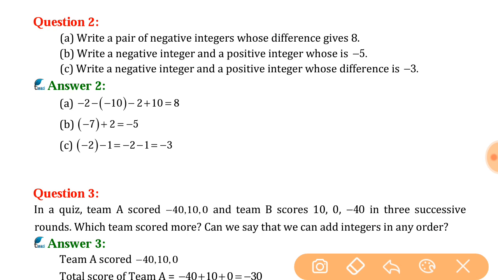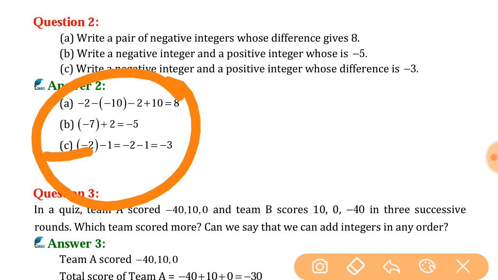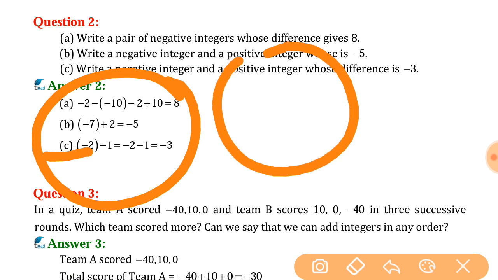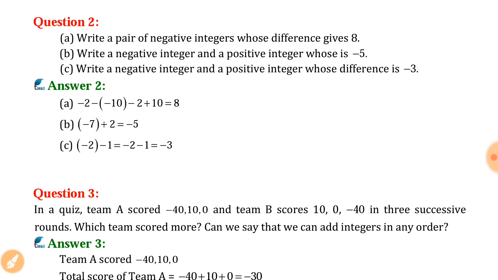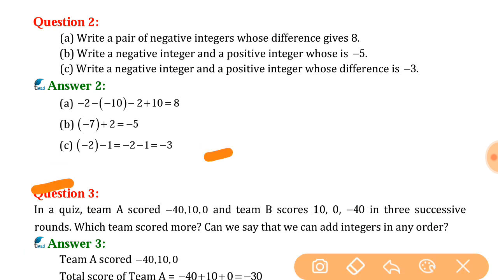In the differences only we can take the change of sign. In the addition there is no change at all, you can write it directly also. One is negative, one is positive, it should give minus 5.